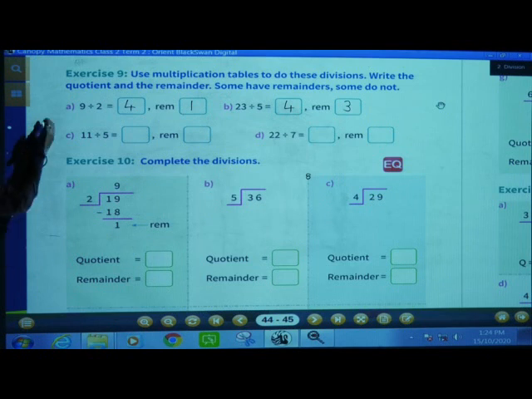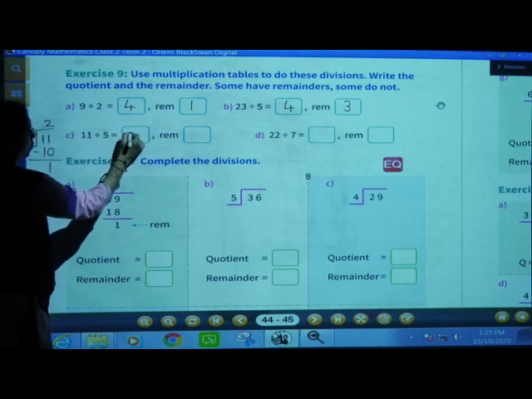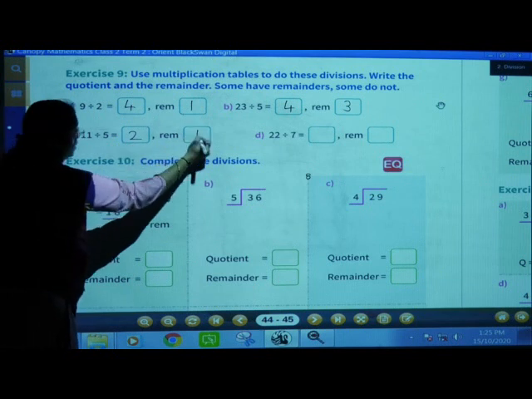So, 5 twos are 10. Write 10 below this dividend and then subtract 10 from this dividend, means 11 minus 10 what? 1. 11 minus 10, 1. So, 2 is the quotient and 1 is the remainder.